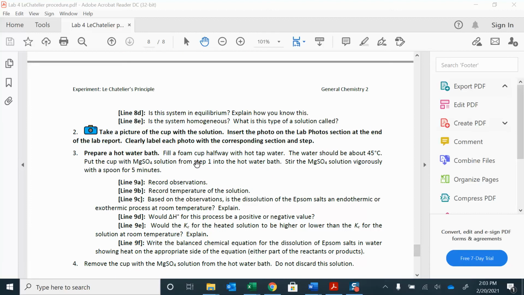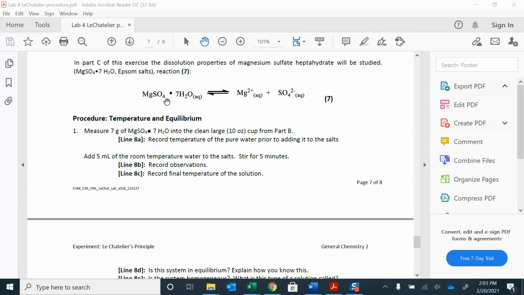And then you're going to make a hot water bath, and for your observations, do you see the solid dissolving? Do you see more of the solid forming? So again, if the solid is forming, you have more on your solid side, on the reactant side. That means you shifted towards reactants. If you see the solid dissolve, then you're shifting towards the products.